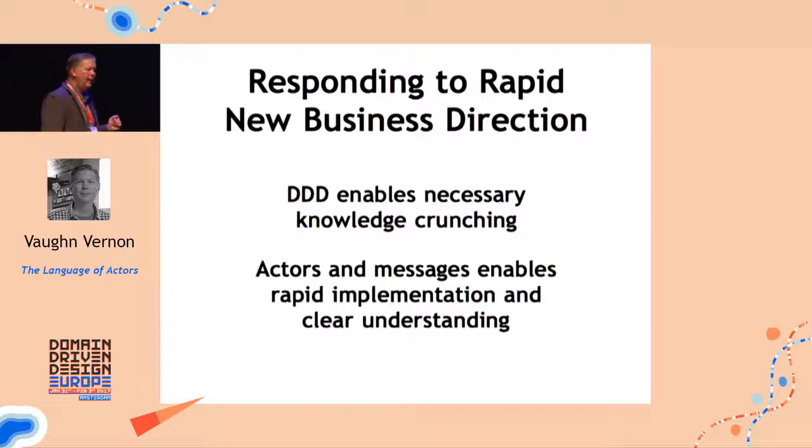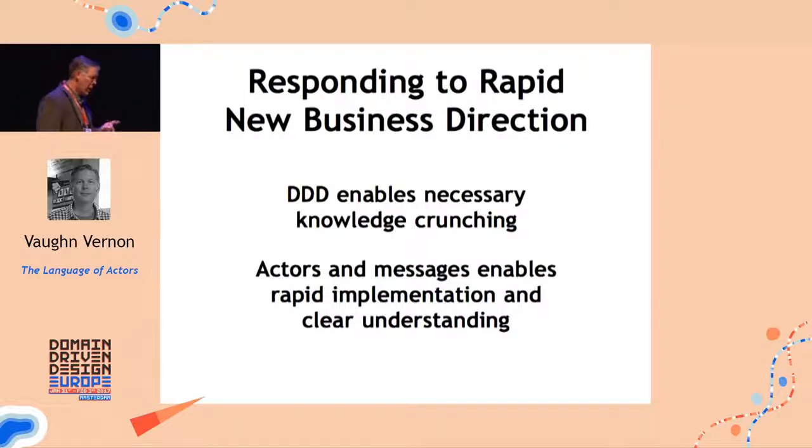So DDD, I think, enables us to do the knowledge crunching that's necessary, and have good throughput on all of the information that's necessary and collaboration. But I think actors and messaging enables the rapid implementation of those new requirements. And it also allows for clear understanding.